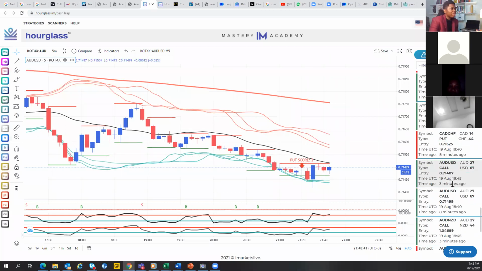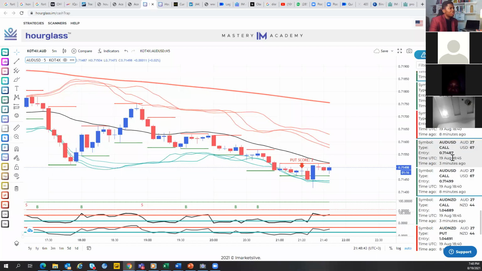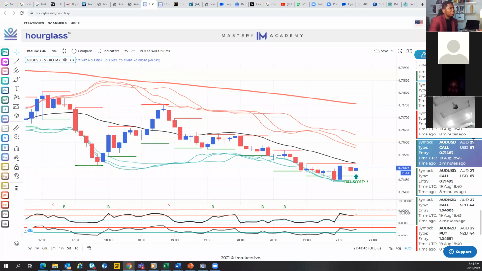If I look at AUD USD, 27.67, it should drop massively. But you're not taking a trade when you're seeing a red candle. You're taking a trade after you've seen a blue candle, just like what the market is doing now. It's pushing back to our 520 zones. So we want to wait for it to get there and see if it wants to attempt to break it first before we look to take a potential sell.